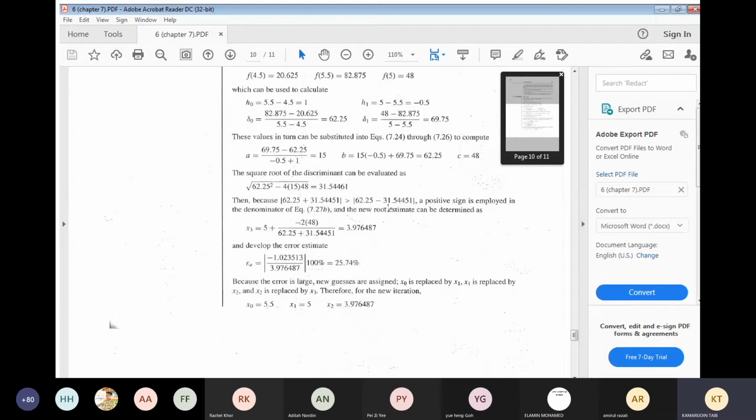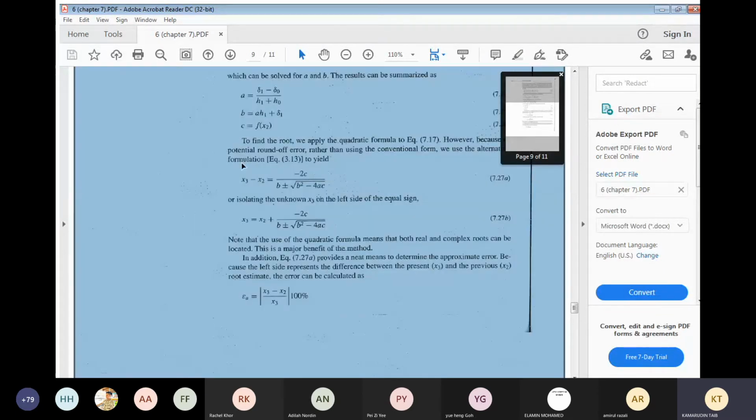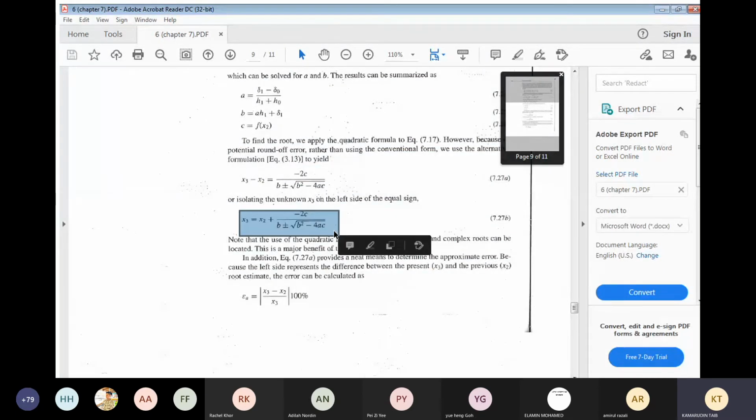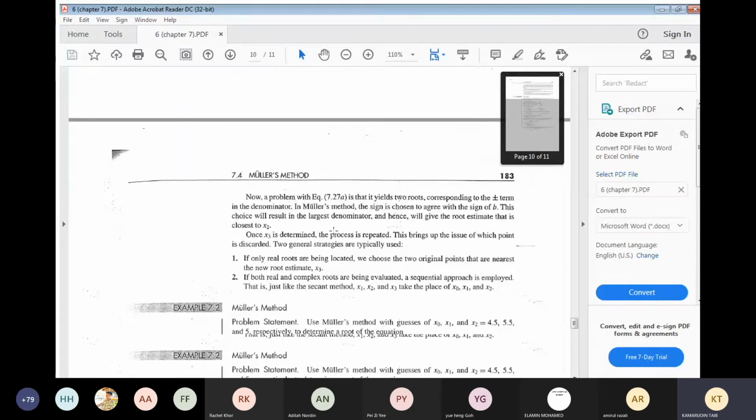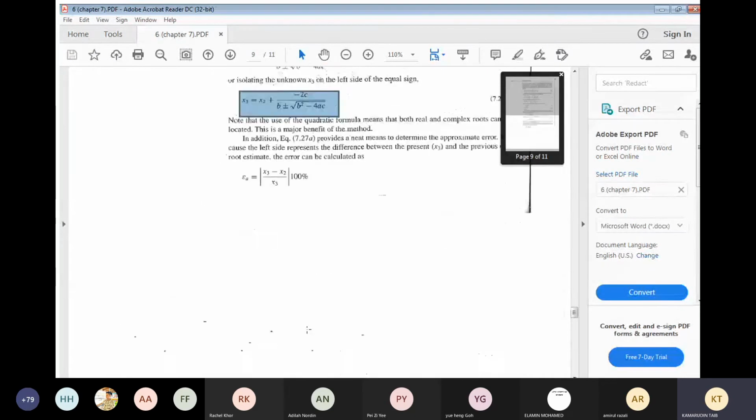Because the absolute value of 62.25 plus 31.5511 is more than 62.25 minus 31.5511, a positive sign is employed in the denominator of equation 7.27b, and the new root can be determined by calculation of x3 here. So this one, x3, the new root. We got the new root 3.97647.